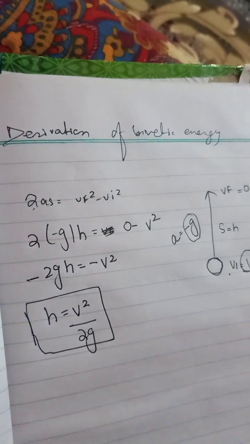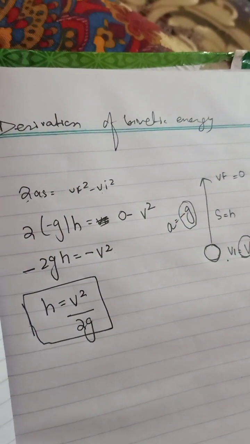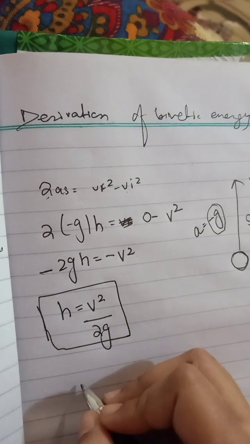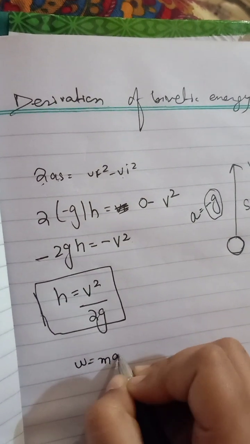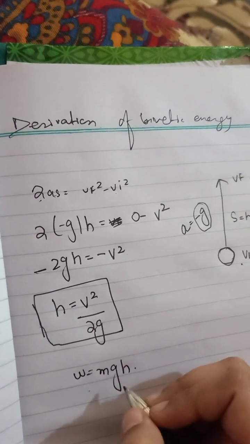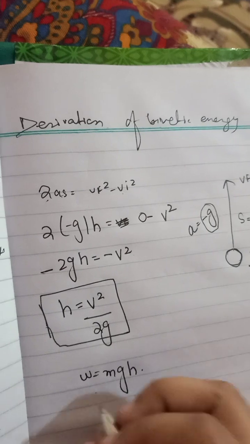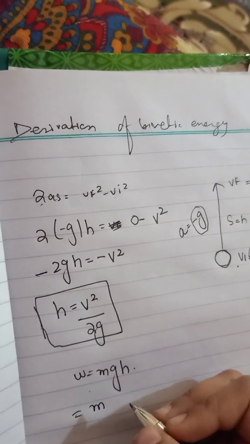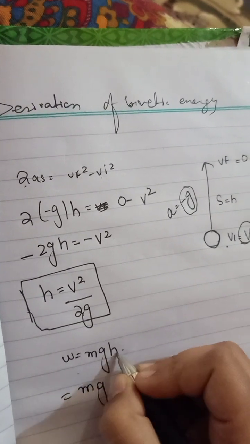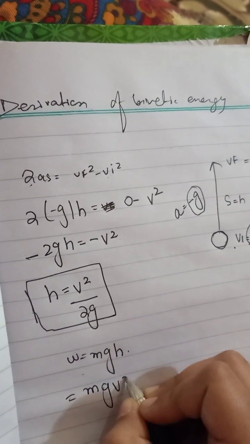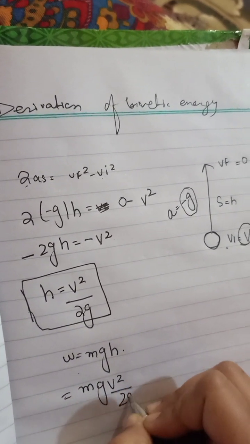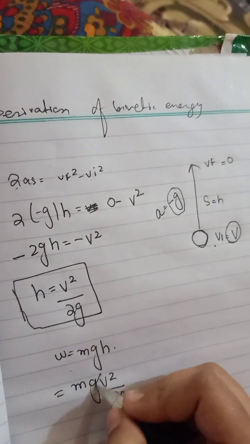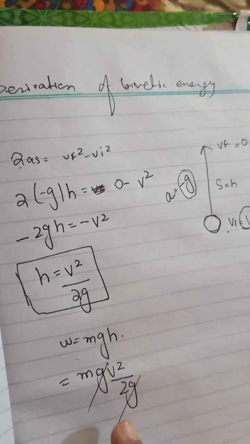We have a formula, w is equal to mgh, that is the gravitational potential energy. The m will be the m, the g will be the g, and the value of h is v square upon 2g. So this g will cancel with the g, and the 2 will remain.